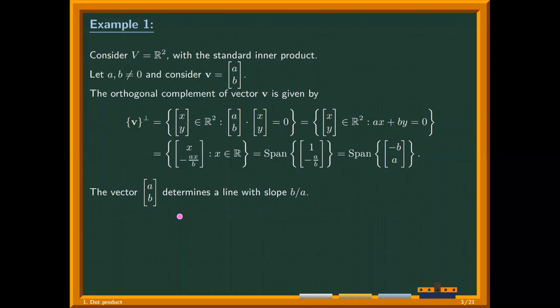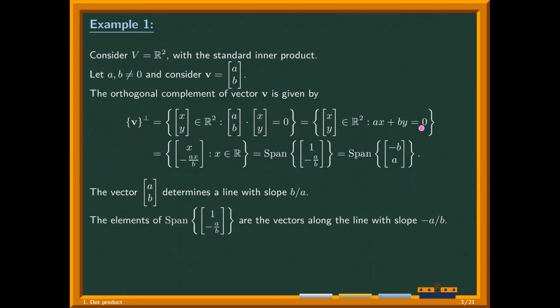Note that the vector (a, b), as given, determines a line in R2. And that line has slope given by b over a. Our computation shows that the elements in the span of (1, negative a over b) are vectors that satisfy this equation, ax plus by equals 0.